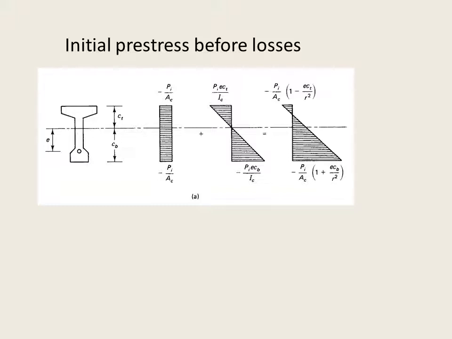Initially we have negative P over A, P_i over A_C, meaning there are no losses yet, because sooner or later there will be losses of pre-stress. To compensate for the eccentricity, we introduce P_i e C_T and P_i e C_B. At the top and at the bottom, you add them. Negative and positive will be a difference; negative and negative will go wider.